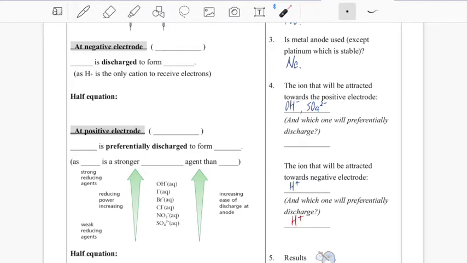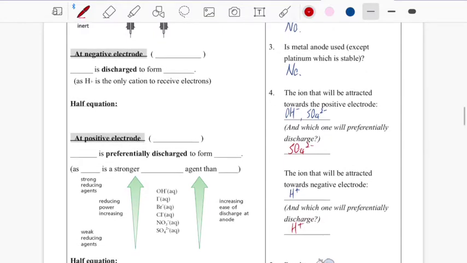So the stronger reducing agent will be oxidized first. In this case, the OH minus will be oxidized instead of the SO4 2 minus. So we can write that down.